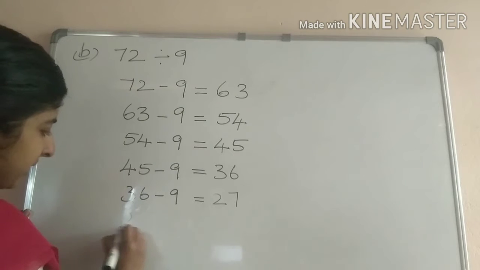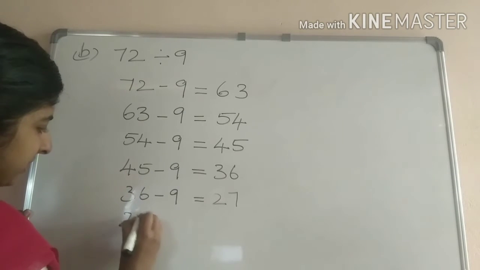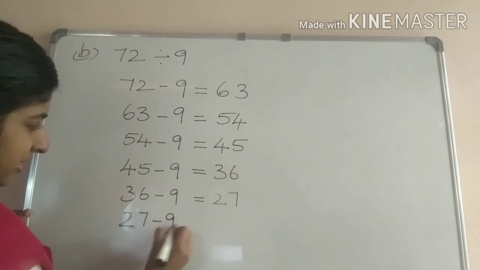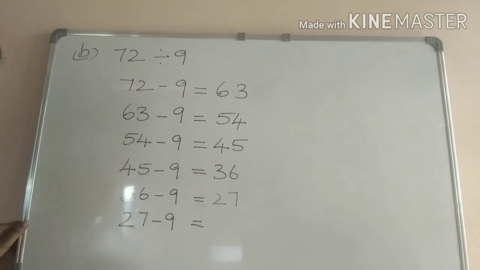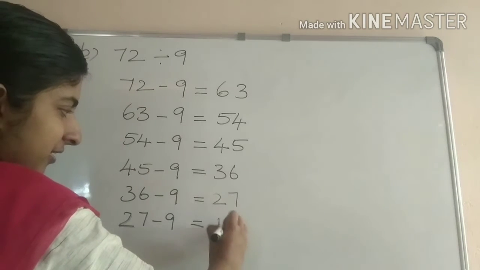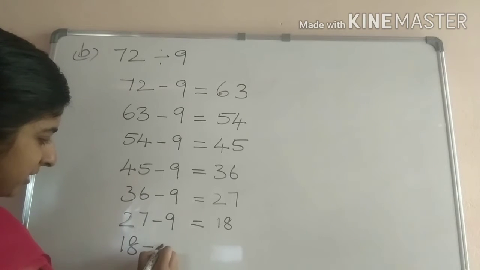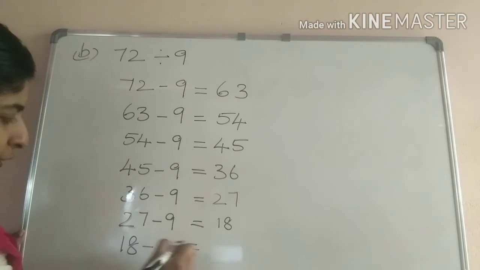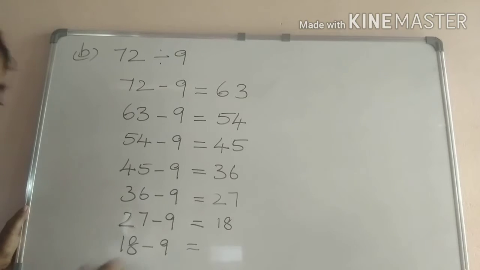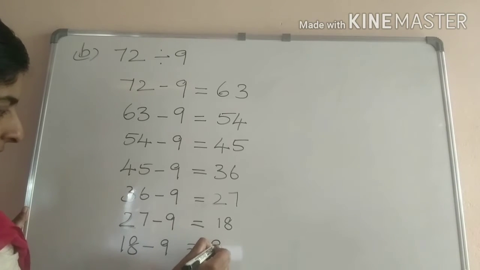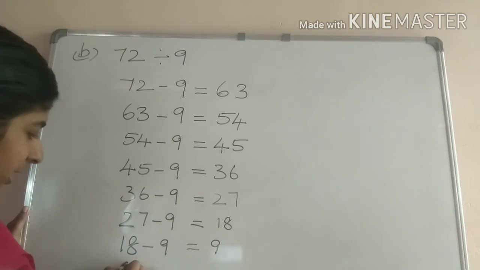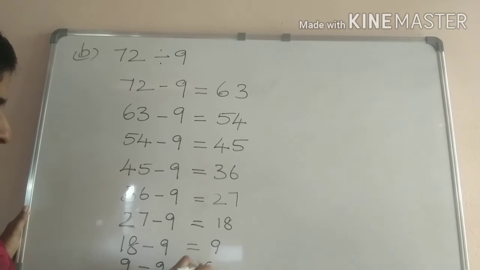Then 27 minus 9 is equal to 18. Then 18 minus 9 is equal to 9. Again 9 minus 9 is equal to 0.